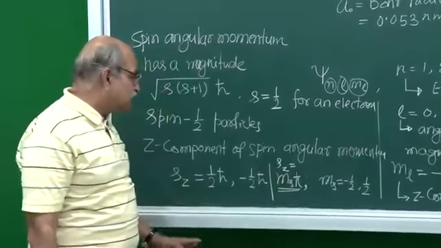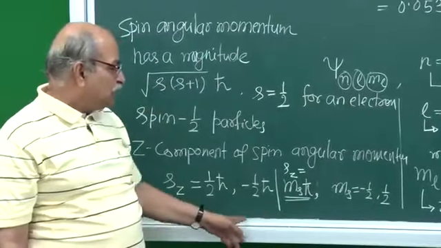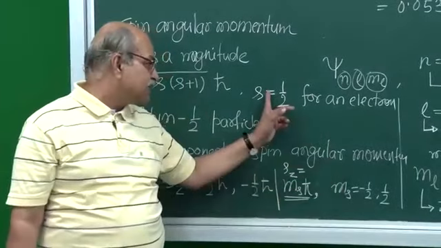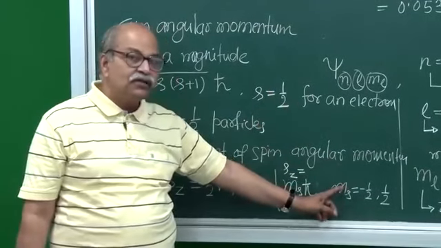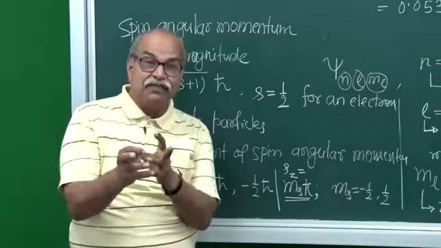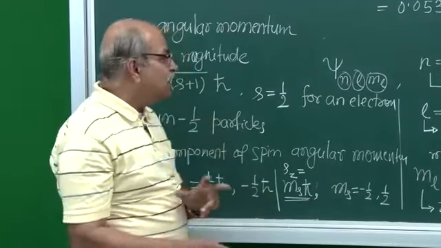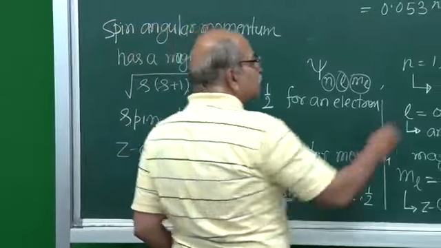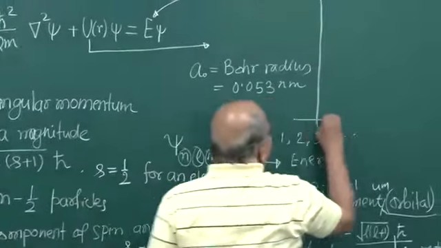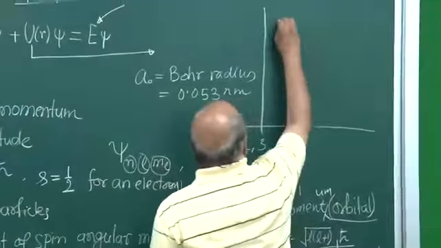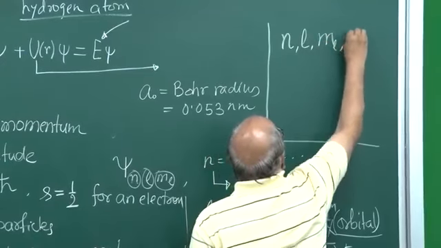And if you give this ms also, because S is anyway fixed, then the behavior of that spin part is also fixed. So if I tell what is n, if I say what is L, if I say what is ml, and if I say what is ms.